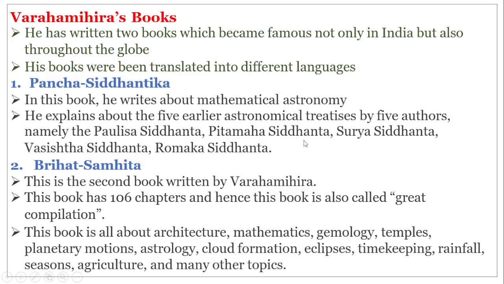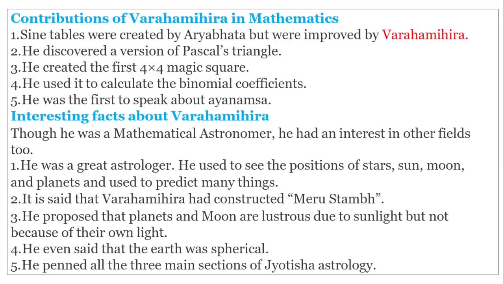Pitamaha Siddhanta is something that was corrected afterward by Brahmagupta, and the people who followed Pitamaha Siddhanta were called the people of Pitamaha Paksha, which then came to be known as Brahma Paksha, as we said earlier. The people of Surya Siddhanta were called the people of Surya Paksha. He commented on each of these, and that scripture is now called Pancha Siddhantika. So these were the contributions of Varaha Mihir.